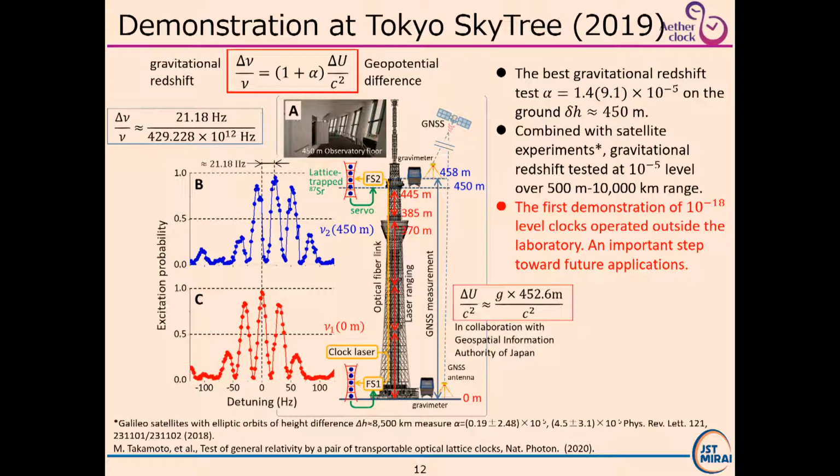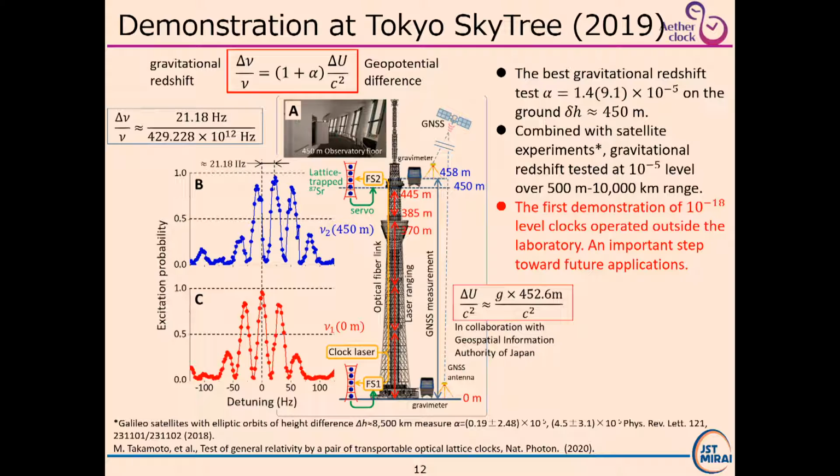And we compare. In this experiment, we determine this alpha to be this number on the level of 10 to the minus 5. This is the best gravitational redshift test on the ground.